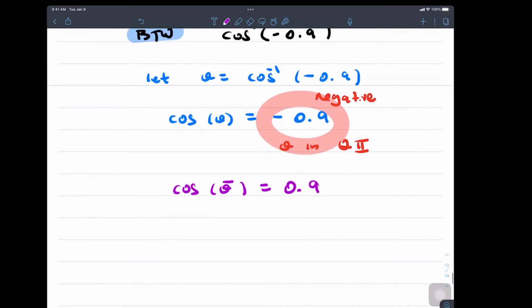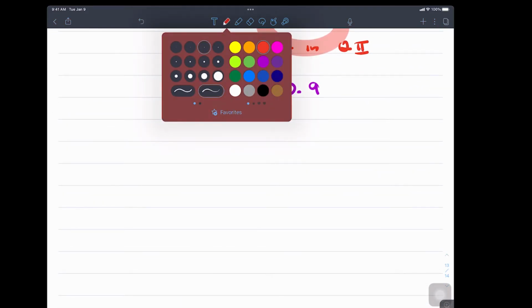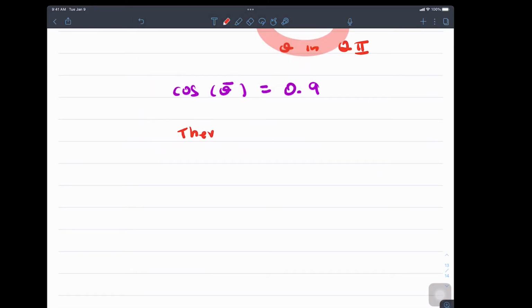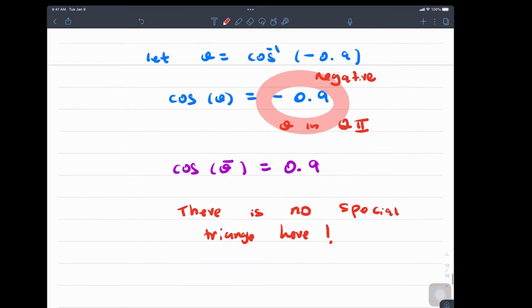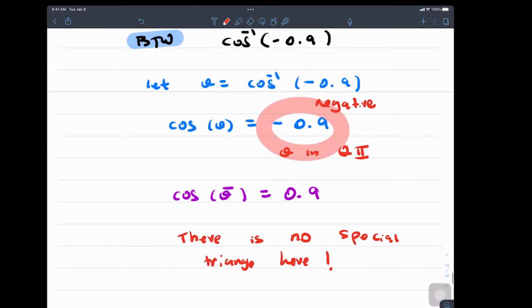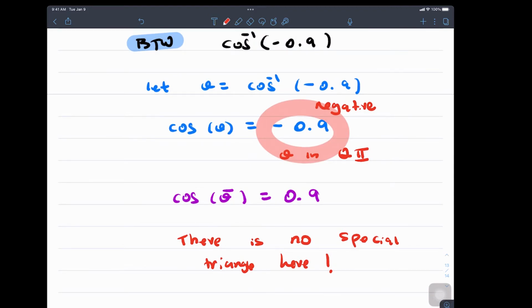And then you say, Mr. Judge, what do I do now? There is no special triangle here. Remember I said all of this is very specially chosen, so that there's a special triangle? And there's only 2.